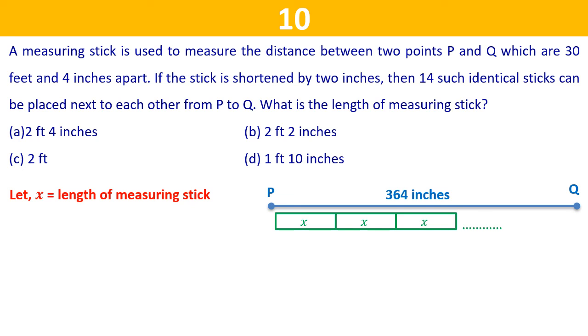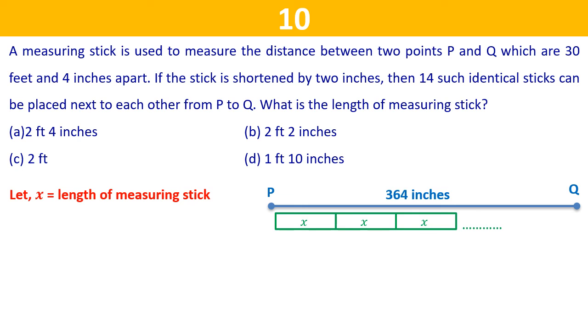Now the problem condition is given like this, that if the stick is shortened by 2 inches, that is, x is replaced by x minus 2, then 14 such identical sticks can be placed next to each other from P to Q. So if the length is shortened by 2 inches, x becomes x minus 2, then 14 such sticks are required.